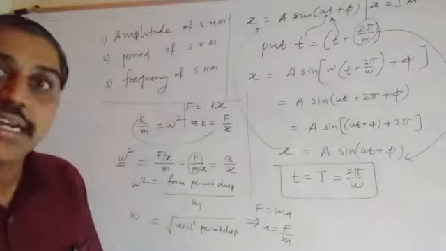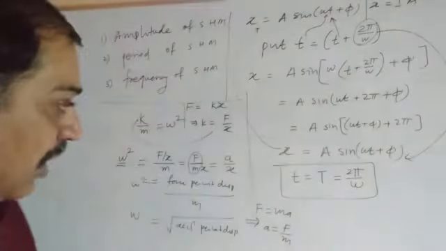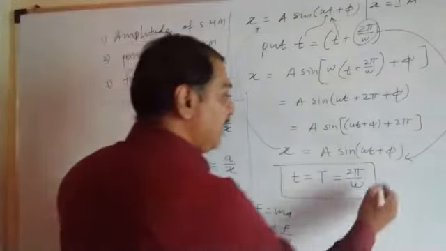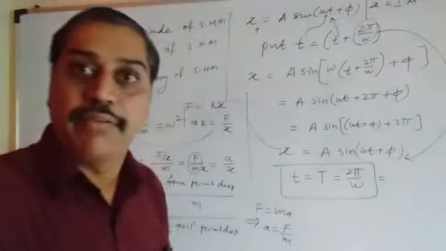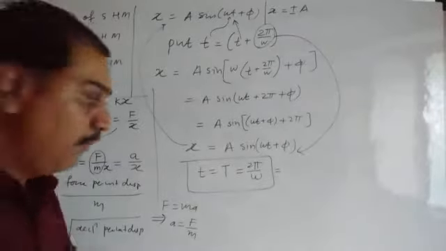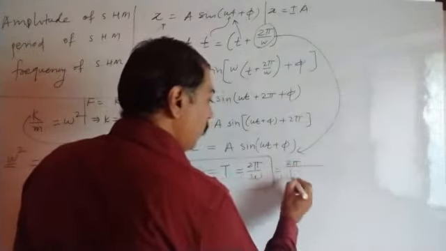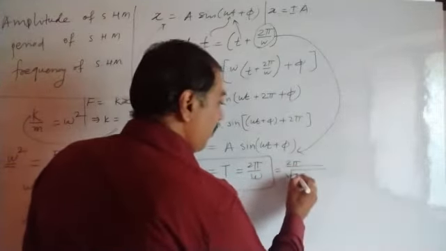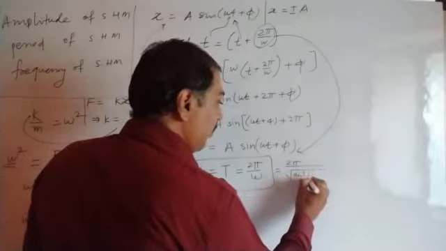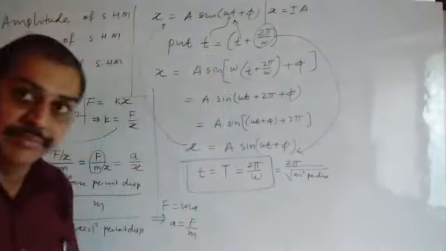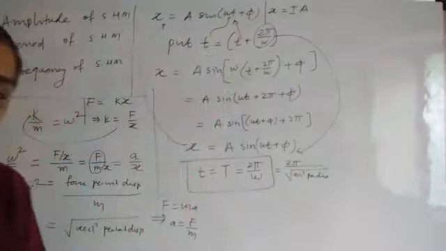Now we have found the value of this omega. Put it here. So we can write the formula T equal to 2 pi divided by omega, whose value is square root of acceleration per unit displacement. Is that clear?